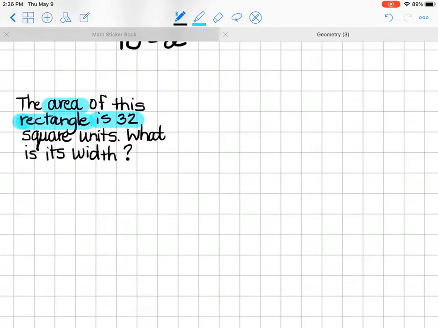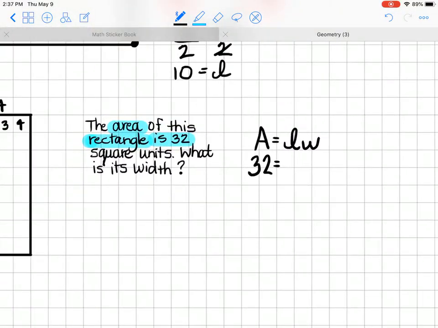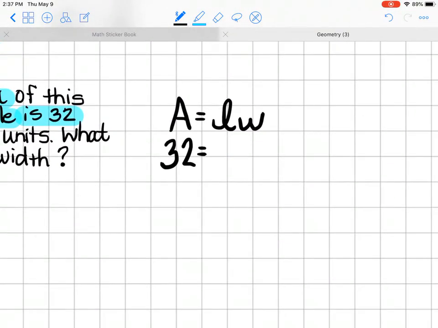So the formula is the area formula that we did a minute ago, where we have length times width. And they tell me that area is 32. And we found the length by counting. Length is 8. We also found the width, but we're not going to say anything about that just yet.